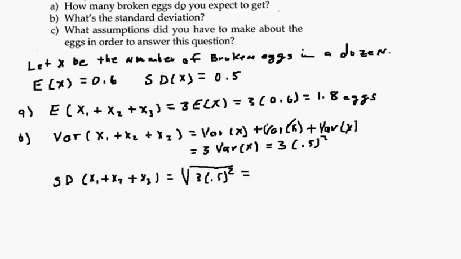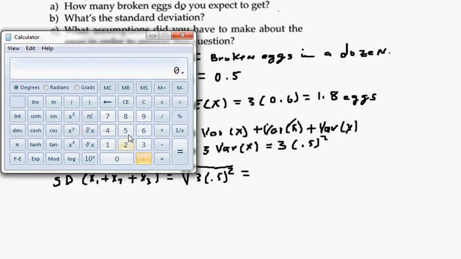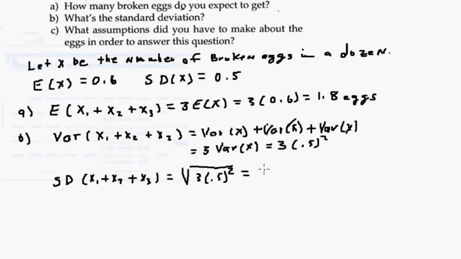And if you want, you can go to your calculator. 0.5 squared times 3 equals, and the square root of that is 0.87. So let's say 0.87 eggs.